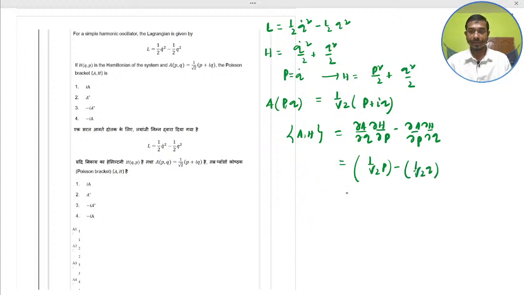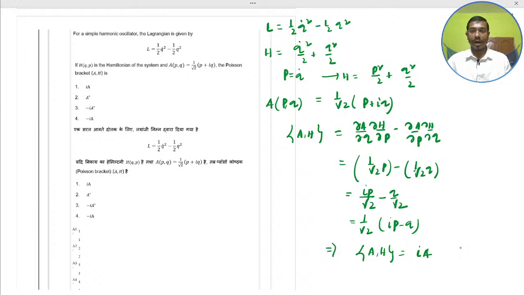This would be what? i P by root 2 minus Q by root 2, that is 1 by root 2 times i P minus Q. Simplifying, the Poisson bracket of A, H would be i into A. i into A means option A is correct.